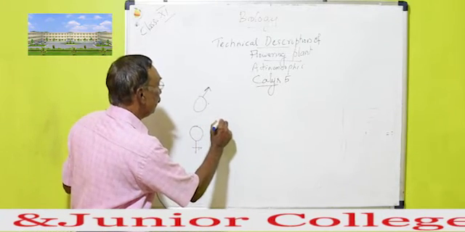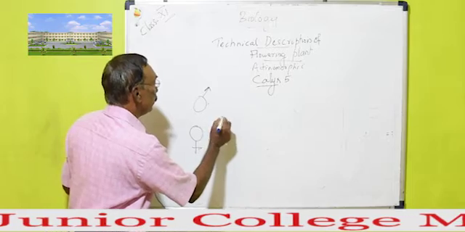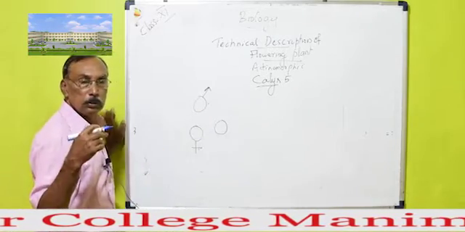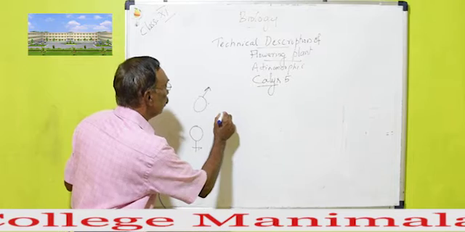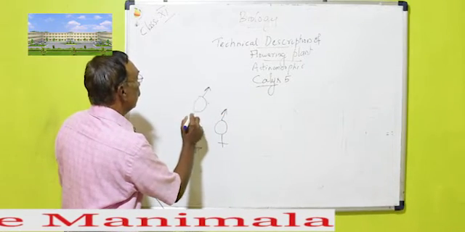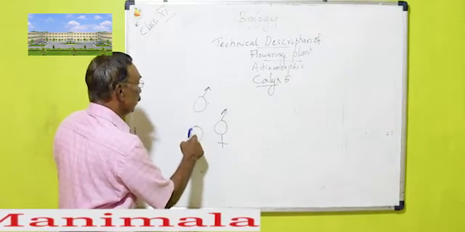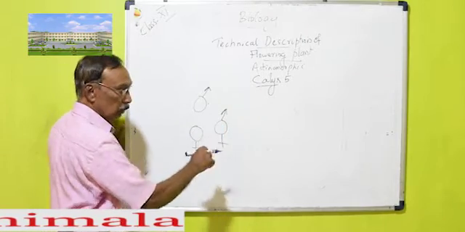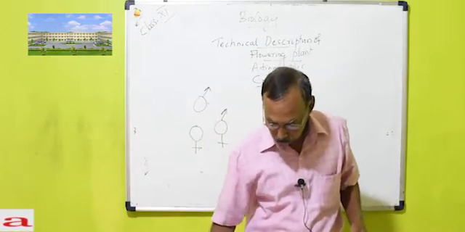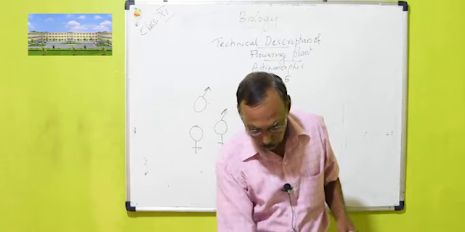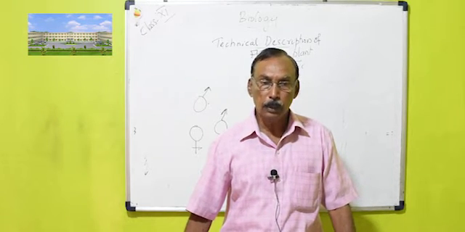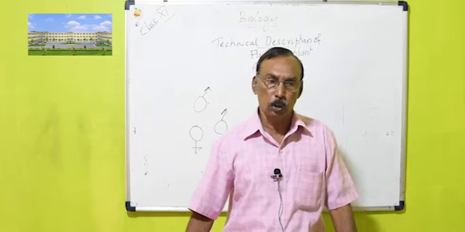But in many plants, flowers will be bisexual, meaning both androecium and gynoecium are seen, both stamen and pistil, and you use the bisexual flower symbol. This is male, this is female, this is bisexual. So these are the common symbols that are used in drawing a floral diagram and writing a floral formula.